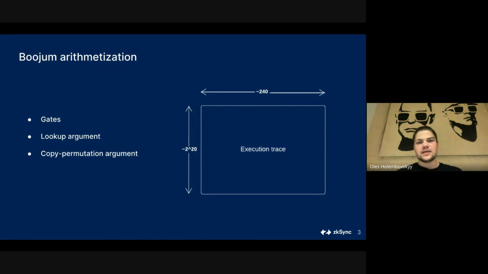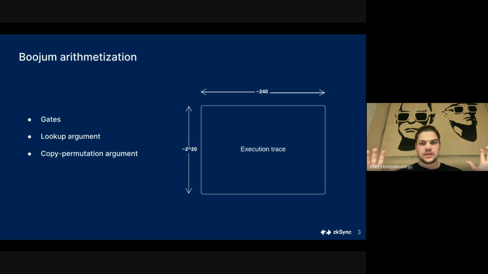There are a lot of cells, we put some numbers there, and then we are going to prove some relations between those numbers. The relations we are going to prove, you can see on the left side: gates, lookup argument, and copy permutation argument.